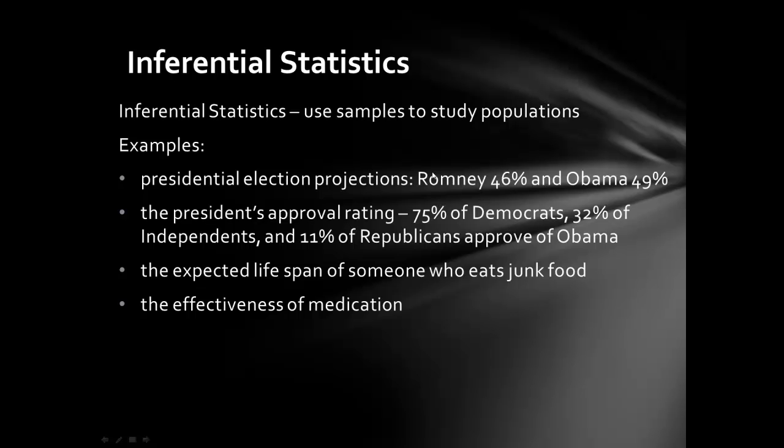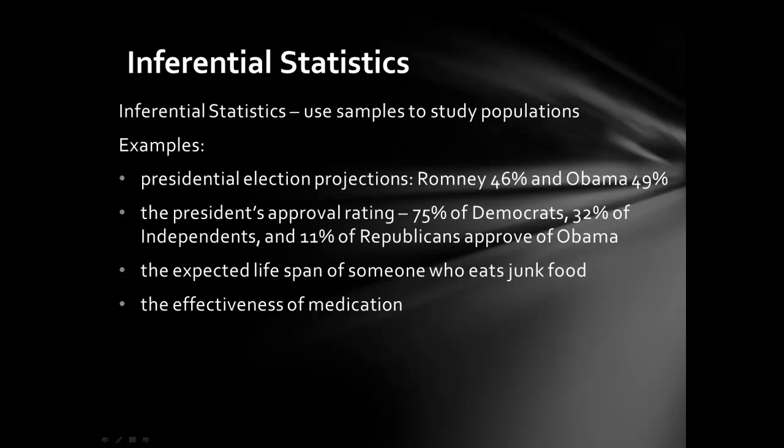Now, the reason that this would be based on a sample is because they never asked me who I was going to vote for. I'm sure they probably didn't ask you either. They collected data from a sample of people and then used what they found to make predictions about what the election results would be. So another example is the president's approval rating.